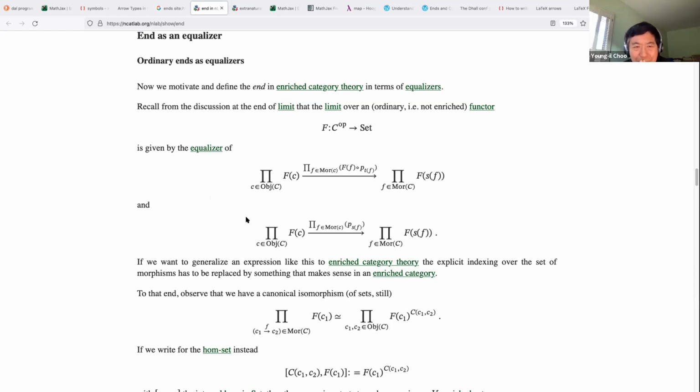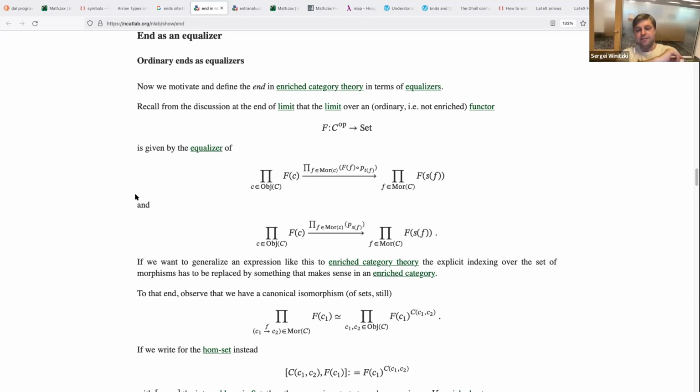Here we are staring at this. What's their pi notation? That's like a forall, an infinite product. What is S and what is T? Where is S and T? And what is P here?